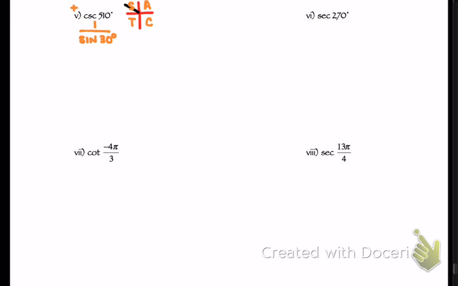So I know that cosecant is the same thing as 1 over the sine because they are reciprocals of each other, right? I know sine is opposite over hypotenuse, therefore cosecant would be hypotenuse over opposite. So I know I could simply take the reciprocal and voila, I'd be able to get that answer.